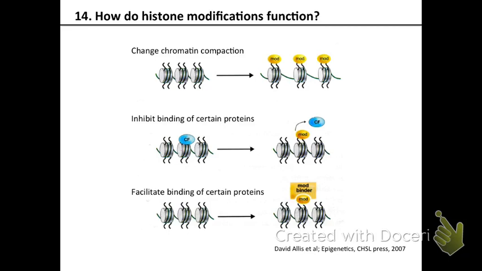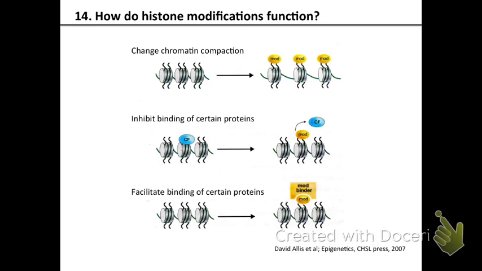But if an acetylase comes in and acetylates the lysines, it's going to neutralize that charge. What would your prediction be in terms of acetylation, making the nucleosomes more compact or more open? More open.